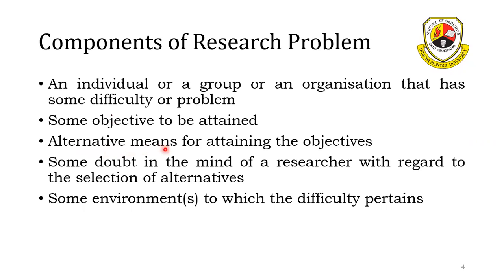Then we also always indicate alternative means for obtaining the objective. This is where literature review comes in, because the one thing you want to do as a researcher is to let the reader know that this issue may have been solved before, and that my objective of doing it this way is not saying that it's the only way. There are other ways, but I choose to use this format.